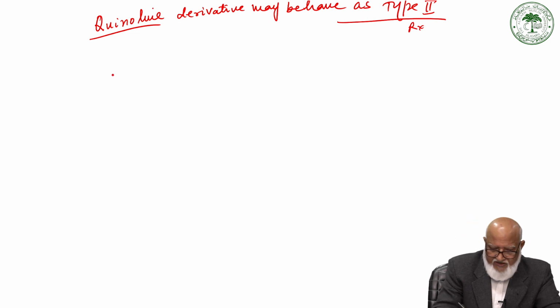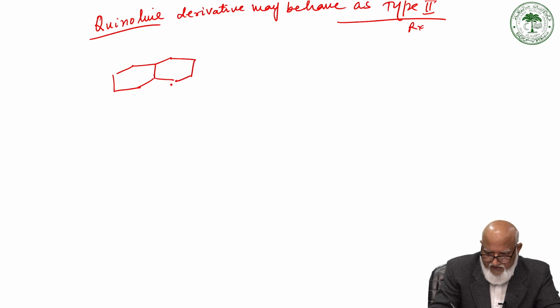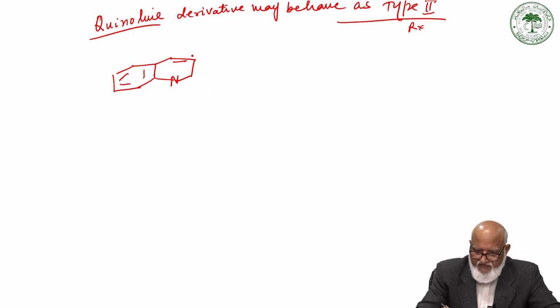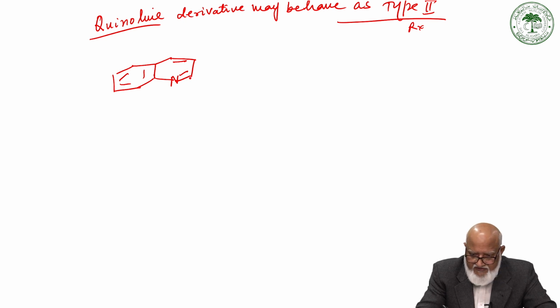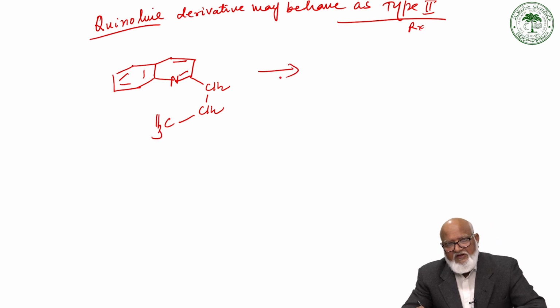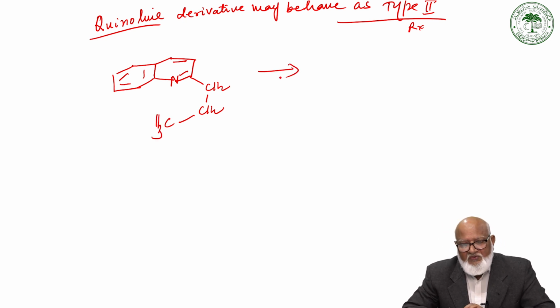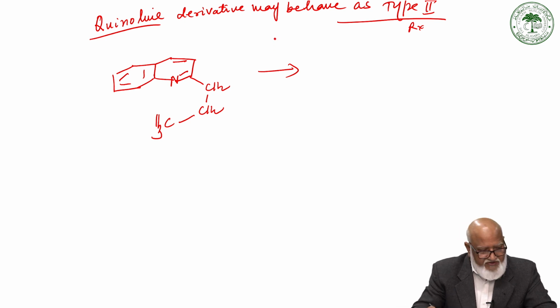For example, when we have a system like this, you have a nitrogen. This is the quinoline derivative. You can see here we have a C double bond N, and if this is properly substituted with a CH2, let's say CH3, this is the 2-propyl substituted quinoline under photolytic condition.